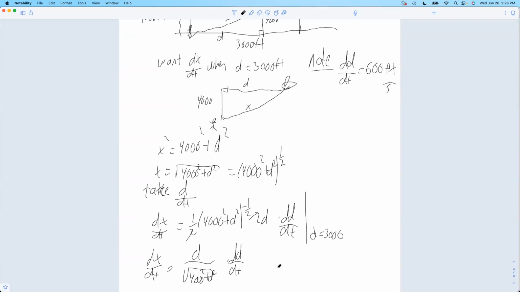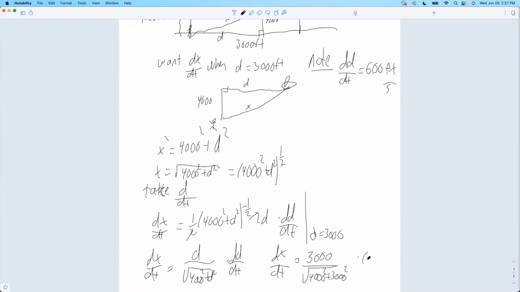So plugging in all of my values, I know d, the moment I'm interested in, is when that's 3,000. So I plug in 3,000 for all my d's. And then this is how quickly d is changing.